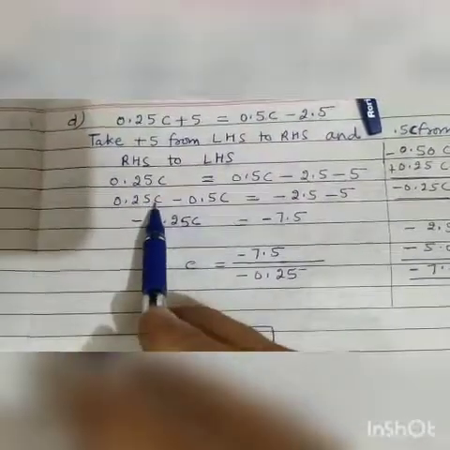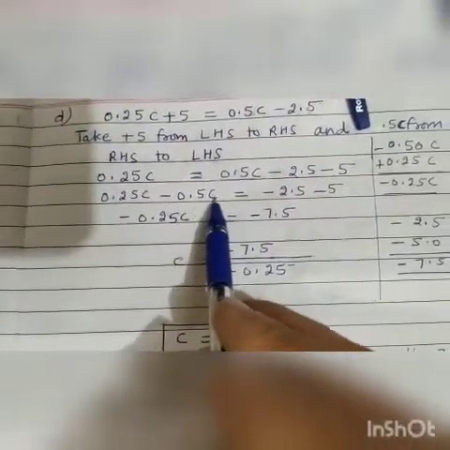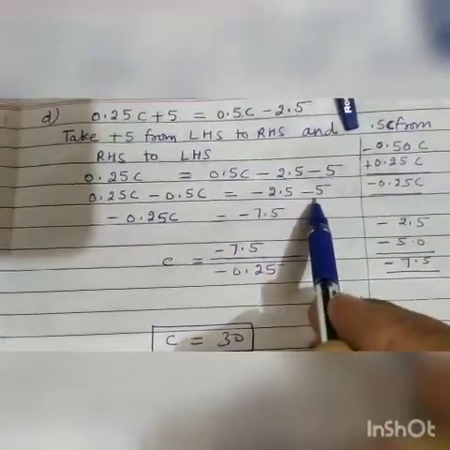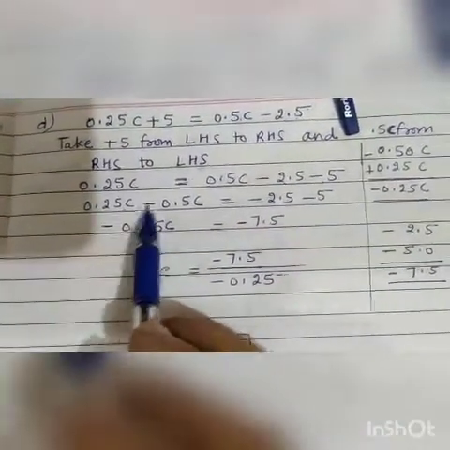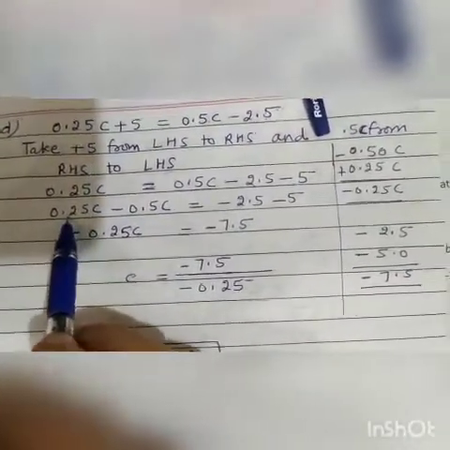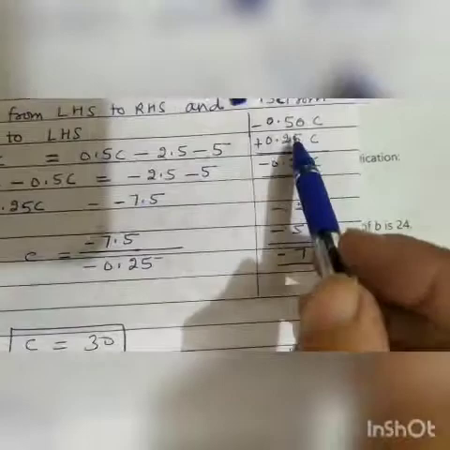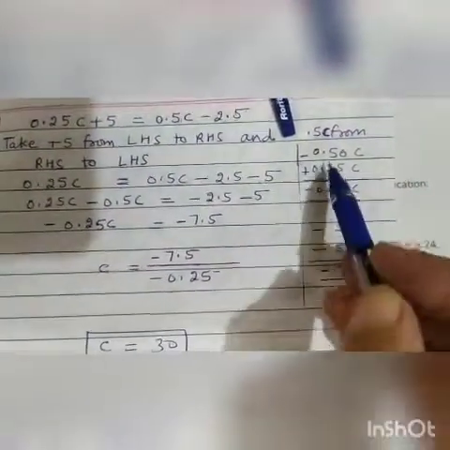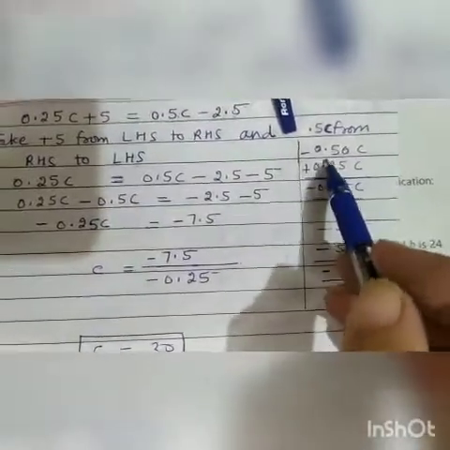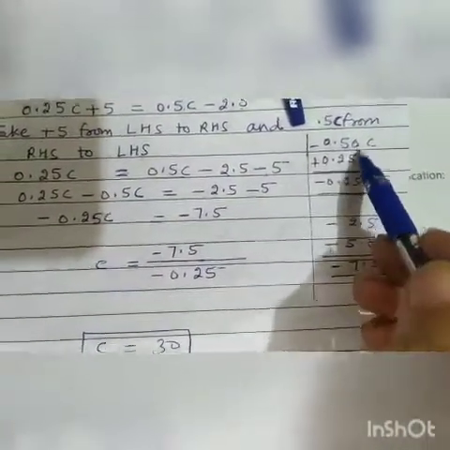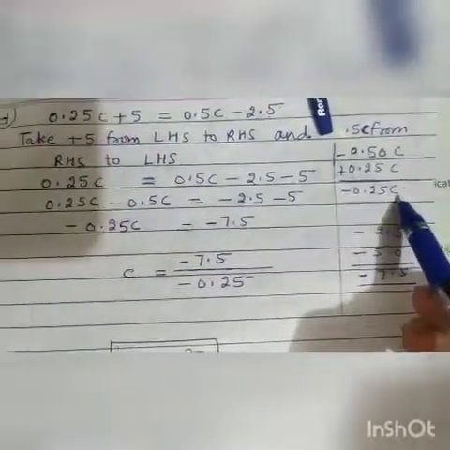So 0.25c minus 0.5c equal to minus 2.5 minus 5. This is 0.25 minus 0.5. This 0.5 is greater than this 0.25. So here is the rough work. See, we will subtract this 0.25 from this 0.50. When we subtract from 0.50 the 0.25, we get minus 0.25c.